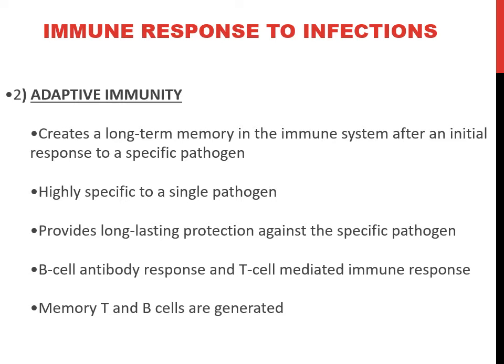So when you get an injection of tetanus toxoid, the adaptive immunity produces antibodies to tetanus toxoid and also a T cell response. And the next time it sees tetanus, so say you have a deep wound in the future, it can immediately respond with a full attack by the adaptive immune system.